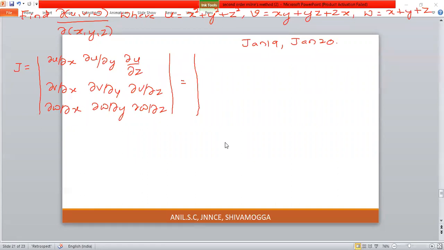This is equal to, what are the derivatives? Del u by del x. Differentiate u partially with respect to x. 2x. Del u by del y, 2y. Del u by del z, 2z, right. Del v by del x, y plus z.